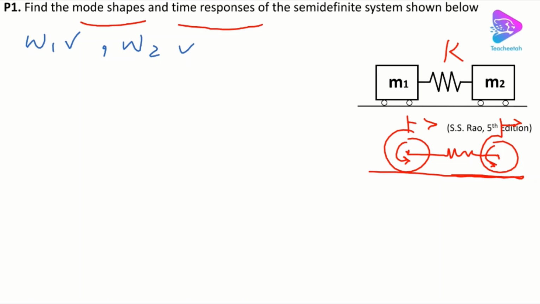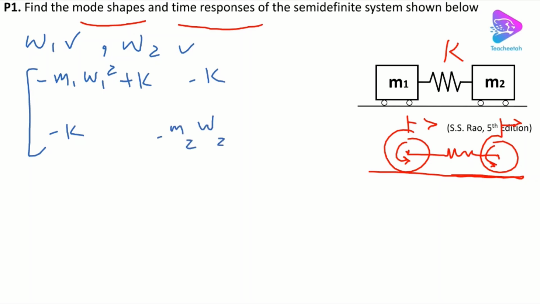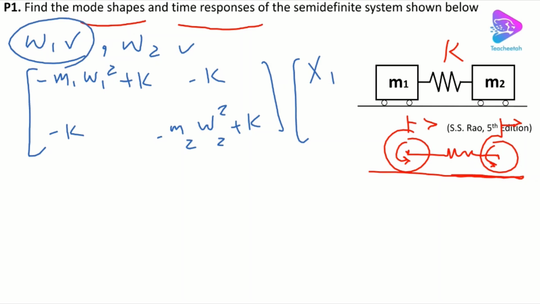So what we have here, we can say, okay, we have (minus m1 omega 1 squared plus k) for the first mode, minus k, minus (m2 omega 2 squared plus k) times x1, and because it's the first mode, we can say x11 and r1 x11, right?